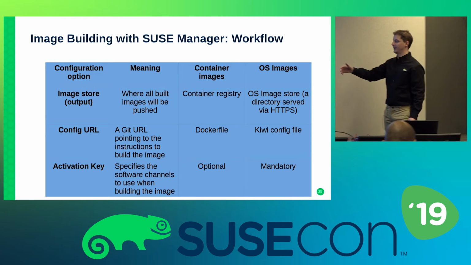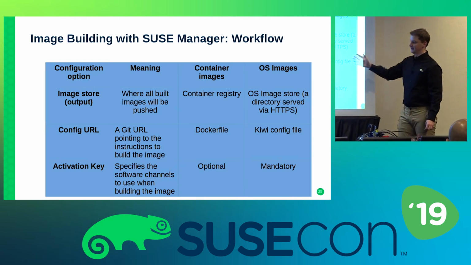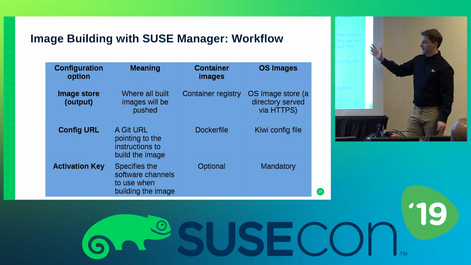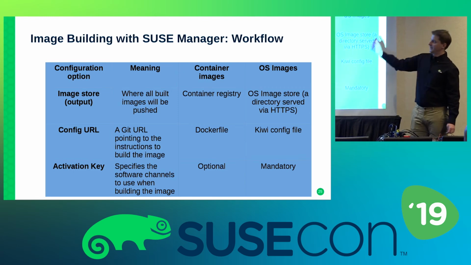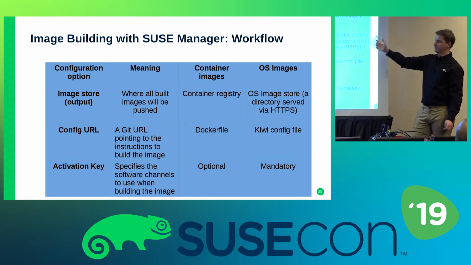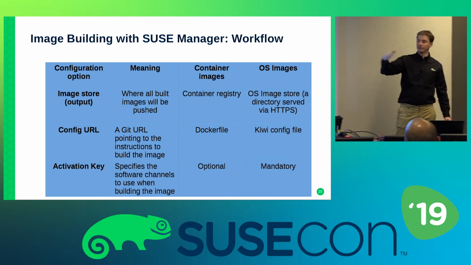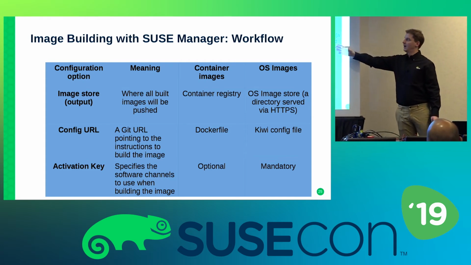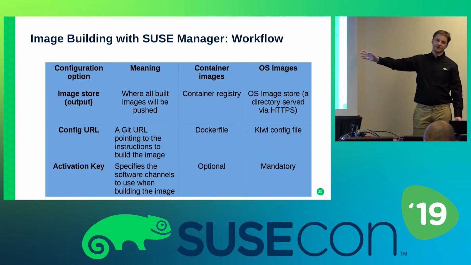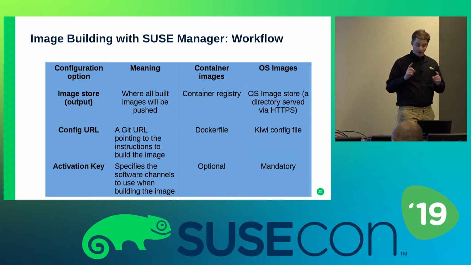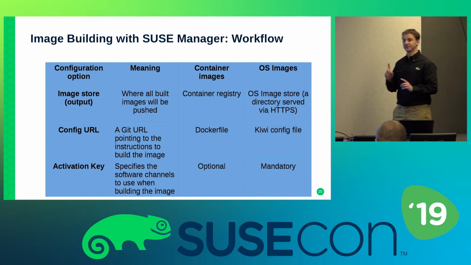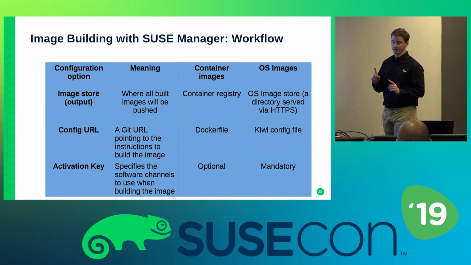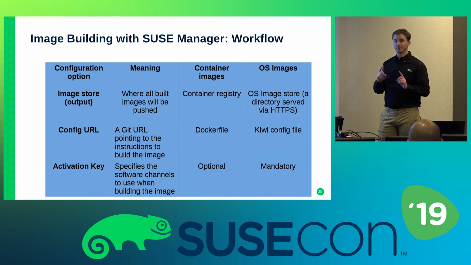The configuration file is the input file, the activation key is the software channel used, and the image store is the output. Where should I put the built images? A container registry, or a directory served by HTTPS running on SUSE Manager. Please be aware that SUSE Manager does not do the dirty work. I mean, SUSE Manager does not build the image.